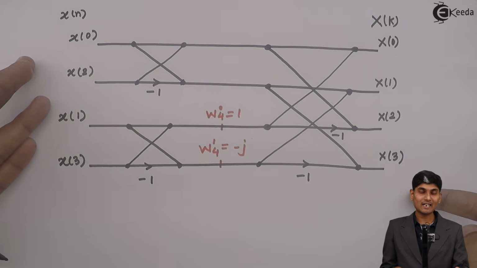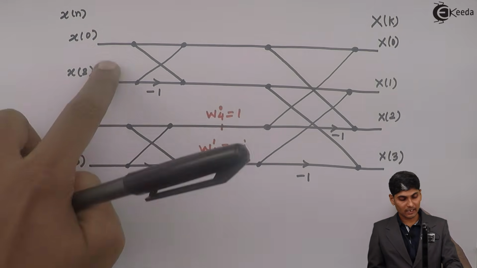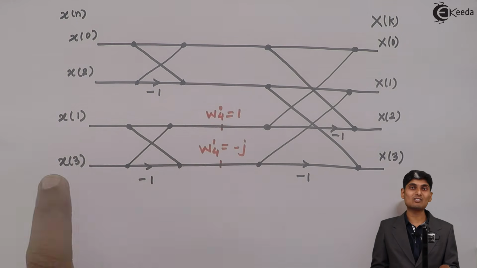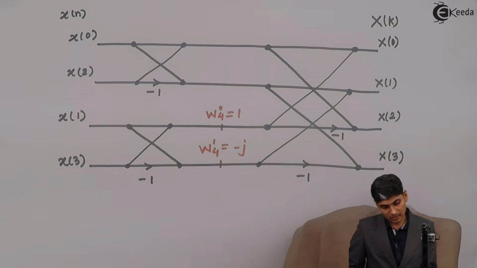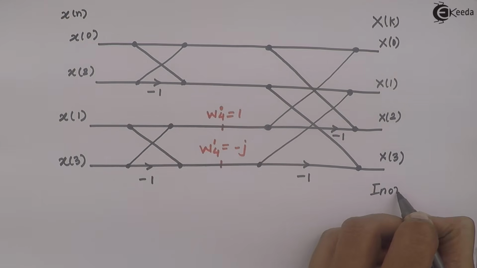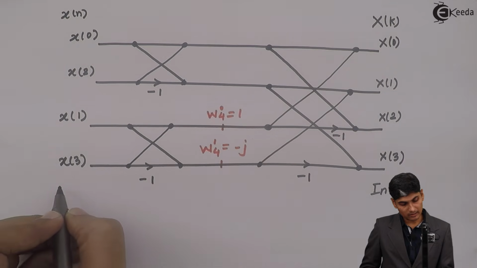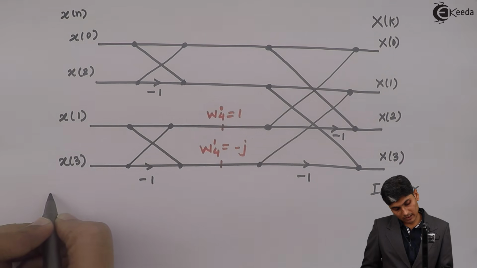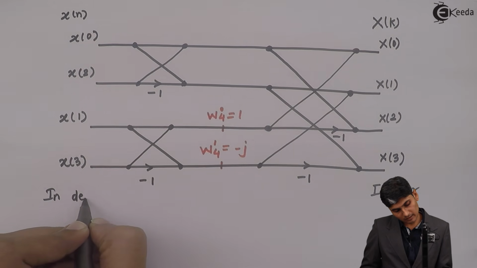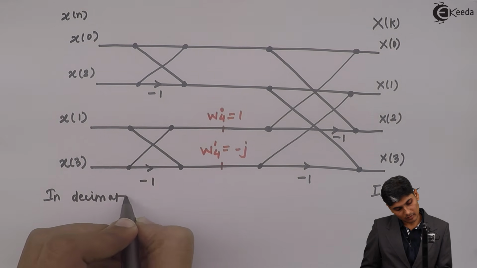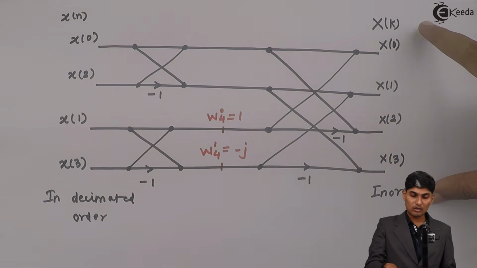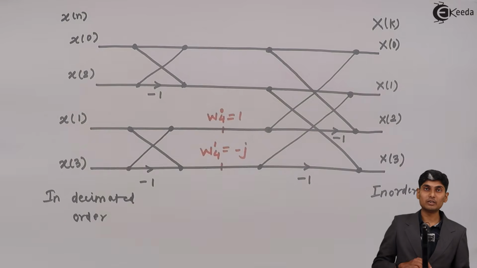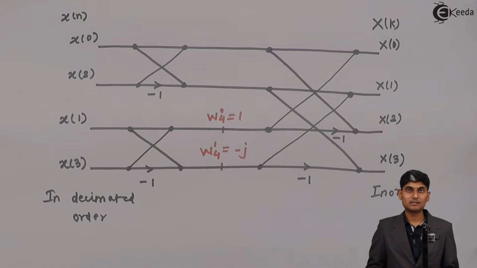Whenever I say DIT FFT, the time sequences are not in order and x of k is in order. So I write here that this is in order and this is in decimated order. Fine. So this will always be in order, whereas this will be in decimated order. Thank you.